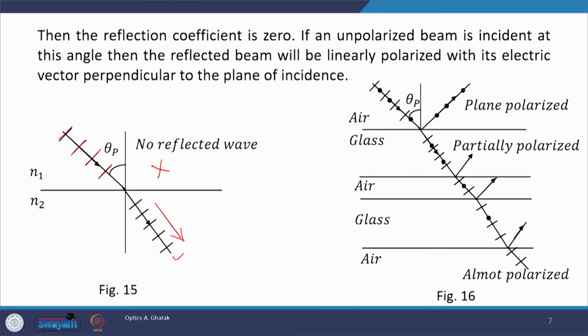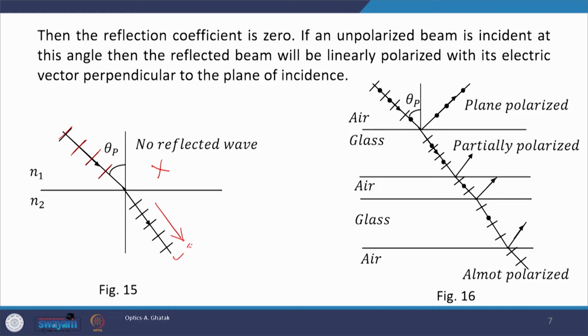All the energy would be in the transmitted arm of the propagation. But if an unpolarized beam is incident at this angle, then the reflected beam will be linearly polarized with its electric vector perpendicular to the plane of incidence.